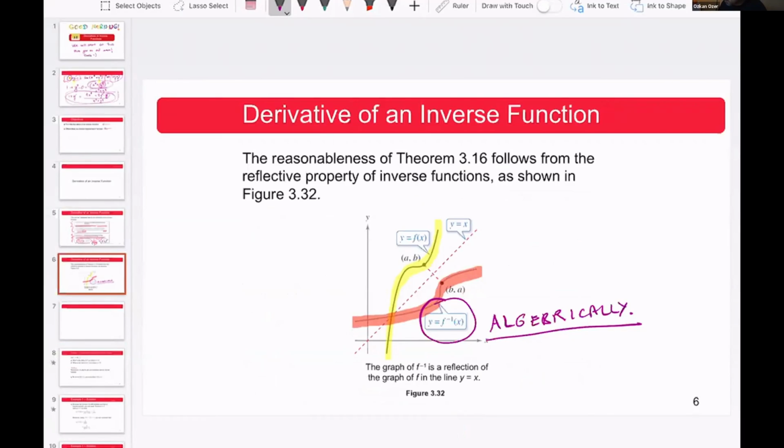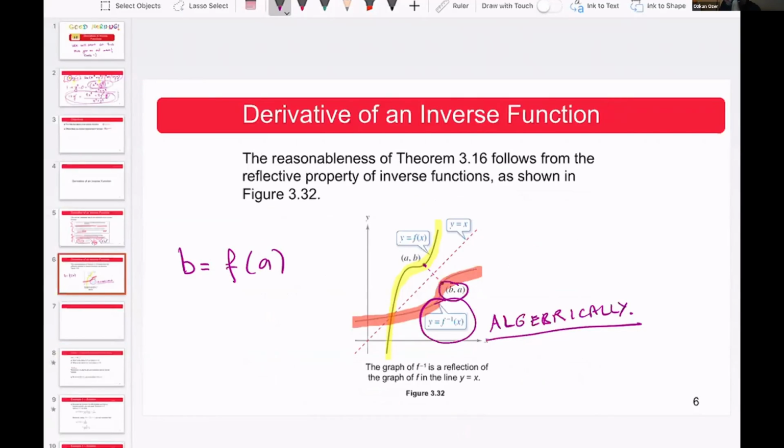You see the point (A, B) that is on the graph of f, which essentially means that the y value B is achieved at A, right? So f of A, in other words, is equal to B. When you look at the inverse function, this point reflects to the other side by switching x and y coordinates.